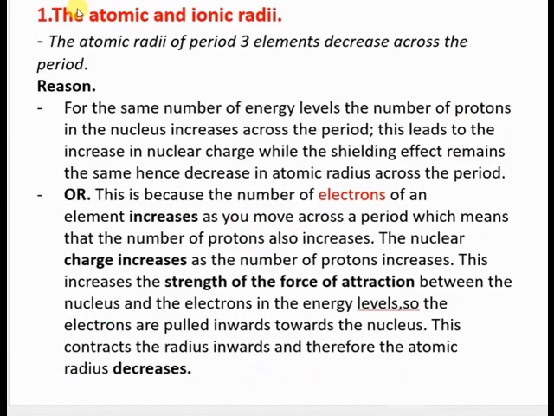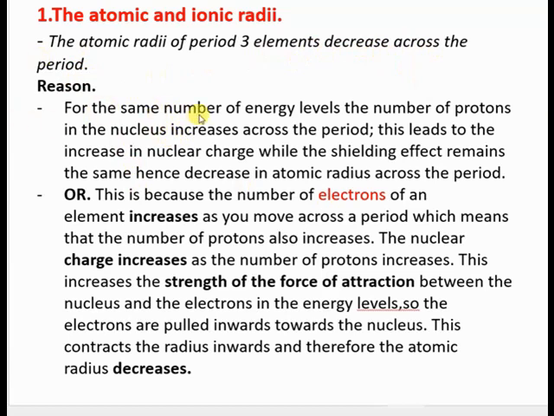It is the base. Across the period, the atomic and ionic radius: the atomic radius of period 3 elements decreases across the period. Why is that the case?